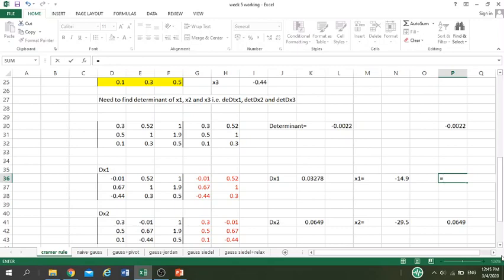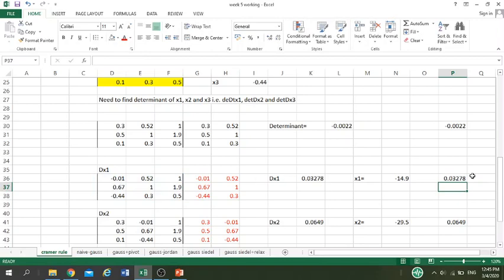There is an Excel function called determinant, in which you can find the determinant of a matrix in just a single click. Here I use the function MDETERM to find the determinant of this whole matrix.